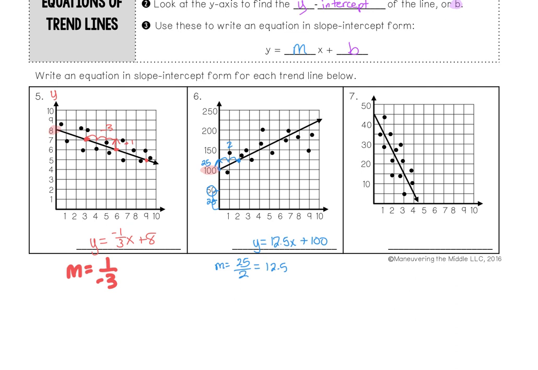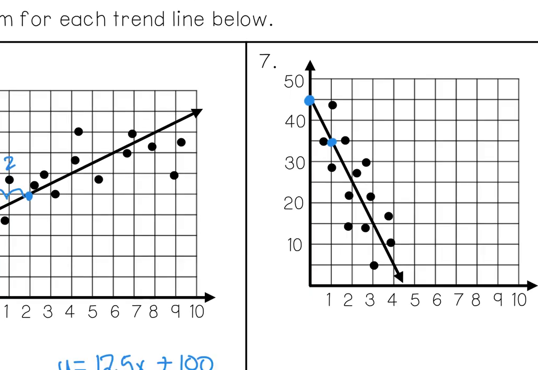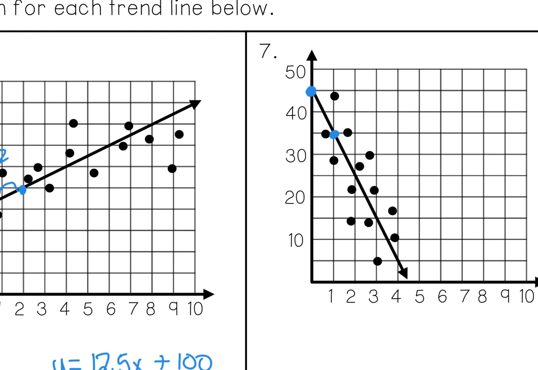Seven. Again, find 2 points. There's one here. There's one there. Again, understand that the y-axis is not counting by 1s. So what's your rise? What is it counting by?